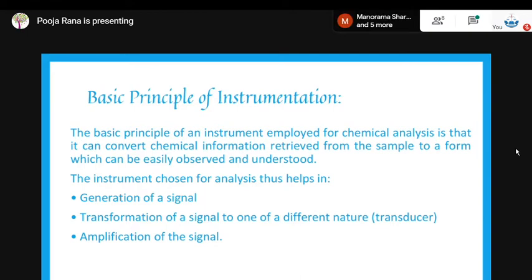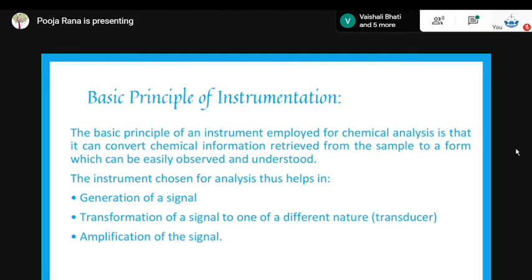That would provide me information about the quality of that particular sample, or what that sample is. That would be a qualitative analysis. Next, quantitative analysis means how much of that particular species, or the thing that I'm looking for, is present in the sample provided to me. All right. That would be the quantitative analysis.